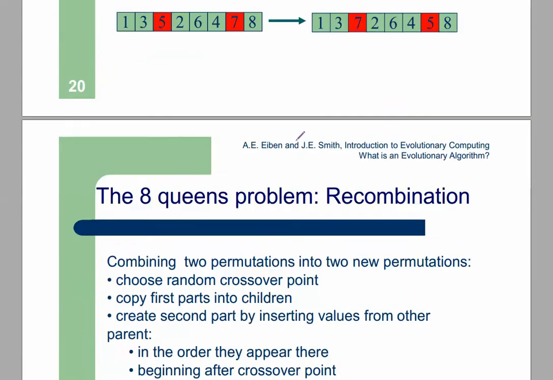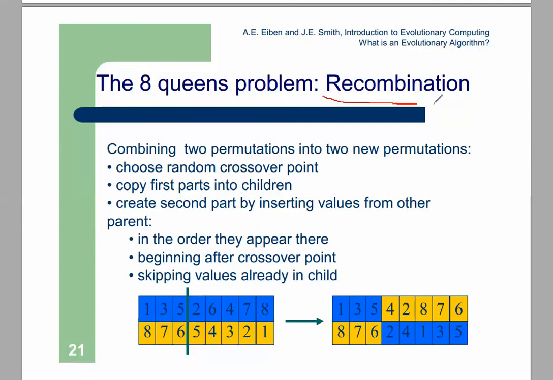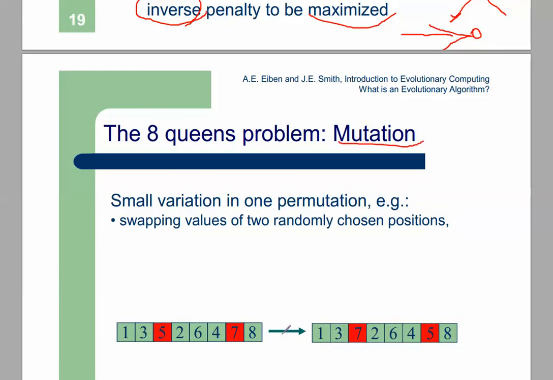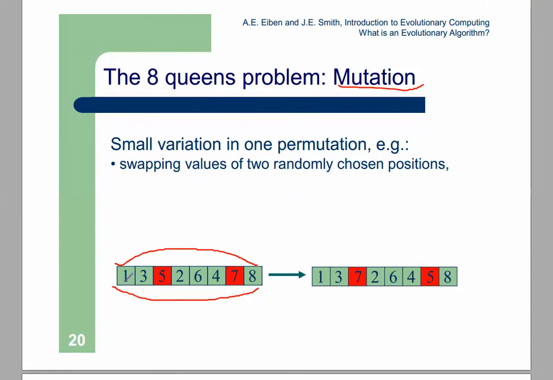One part of the EA is recombination and one is mutation. Mutation is a small change in each solution. As we said, the permutation is a formation showing the values from 1 to 8.